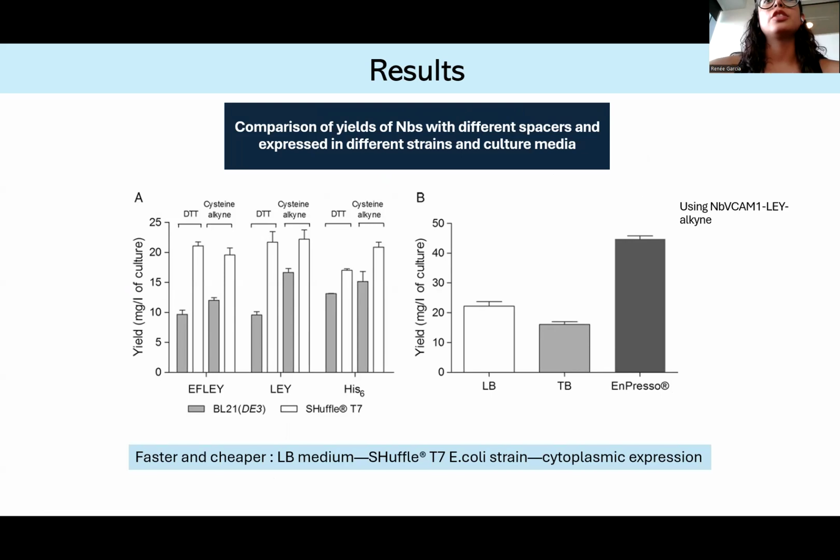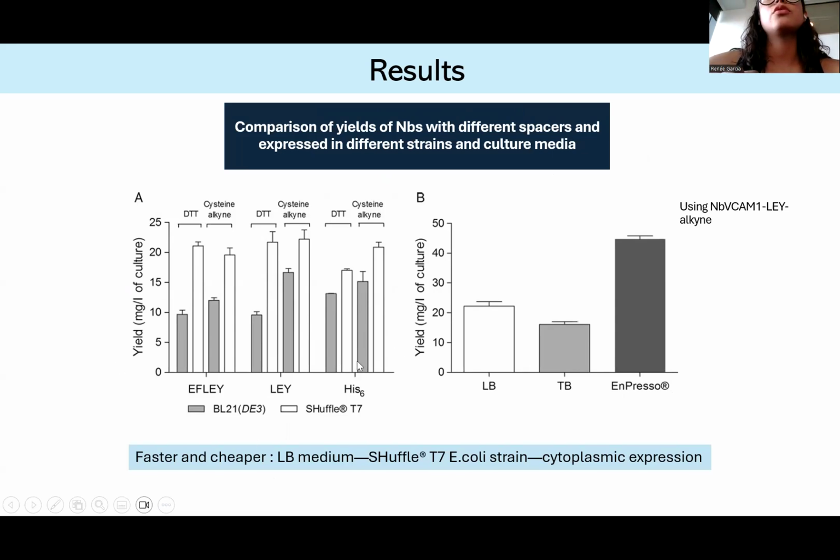Also, in terms of comparison of yields of the nanobodies with different spacers and expressing different strains in culture media, what we see here is that we obtain a higher expression with the LAY spacer and also with the Shuffle T7 strain, as you can see here, for all nanobodies.